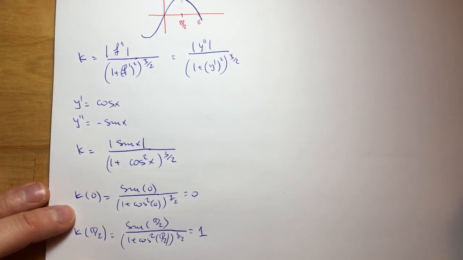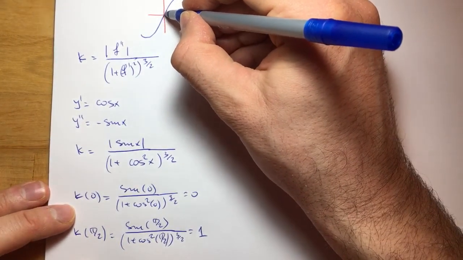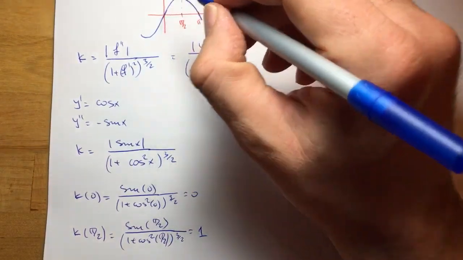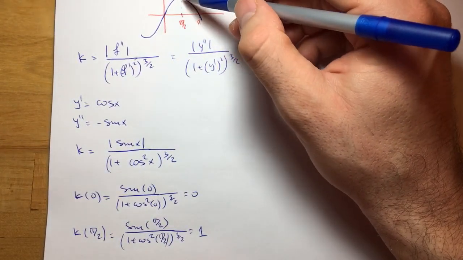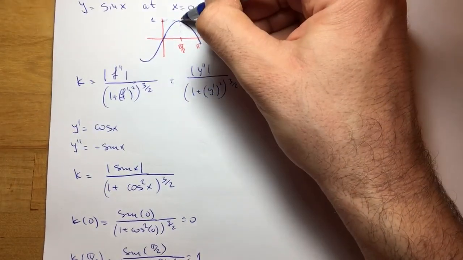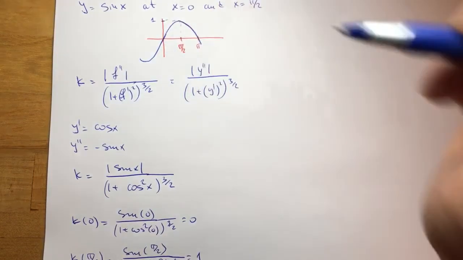And as we expected, the curvature at 0, you see it here, the graph behaves like a straight line, right? And at pi over 2, it's obvious that the curvature is greater than the curvature at 0.